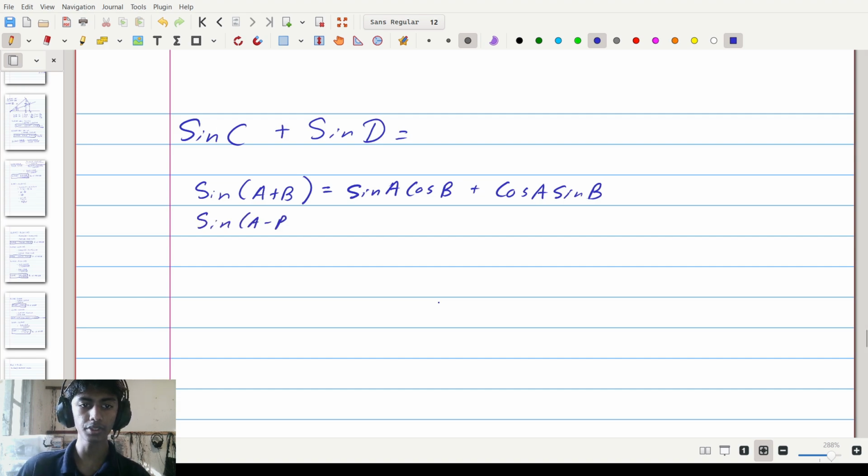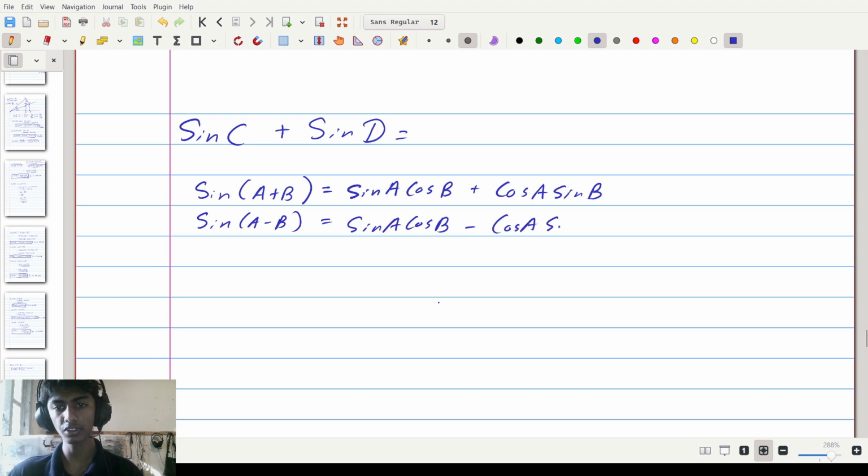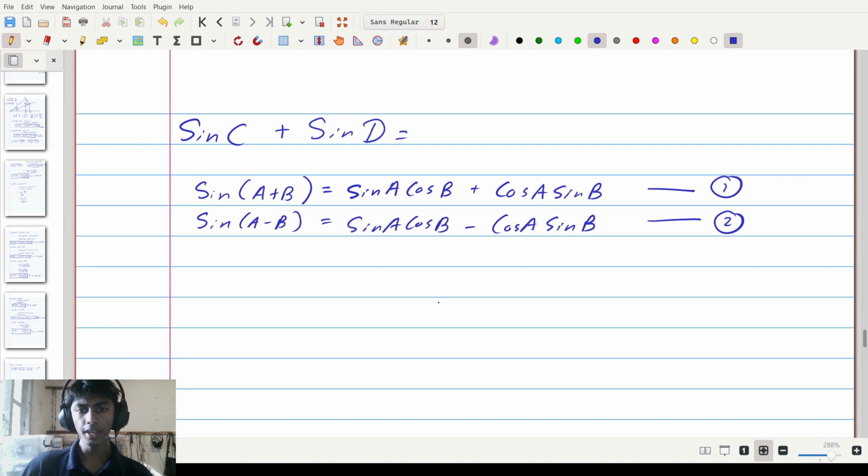Sine of a minus b is sine of a times the cosine of b minus the cosine of a times the sine of b. So, what we actually do to try to get sine of c plus sine of d is actually take this first formula, write it as equation 1, and write this second formula and call it equation 2. And then what we do is we add the two together. So we add 1 plus 2.